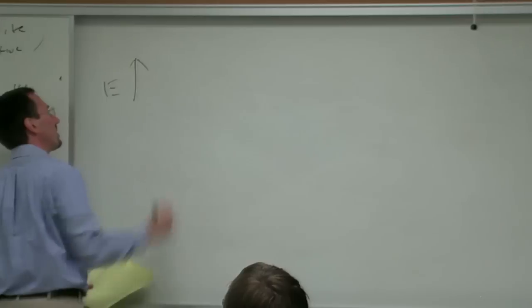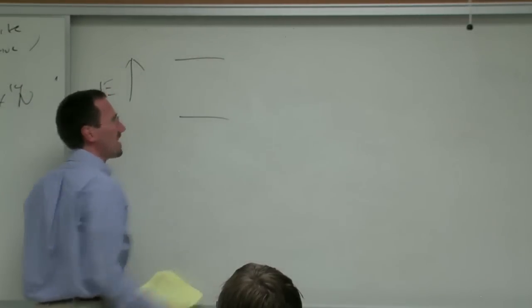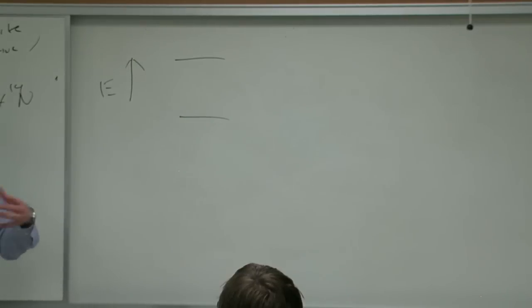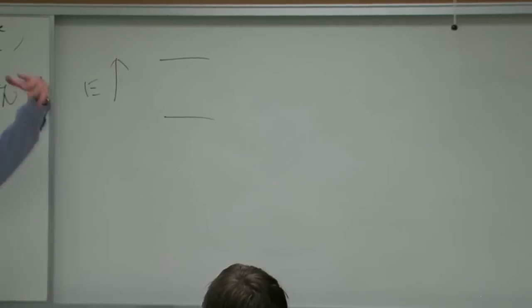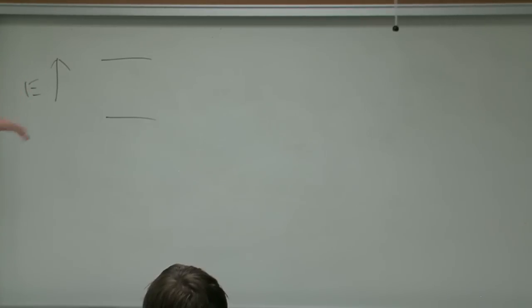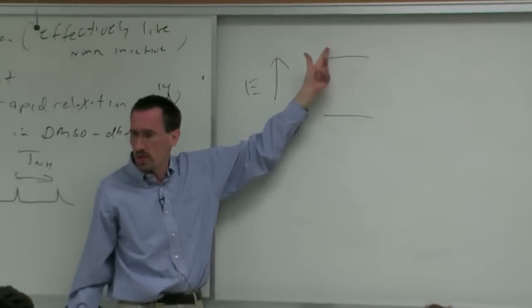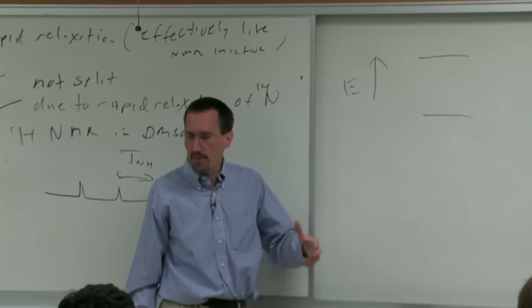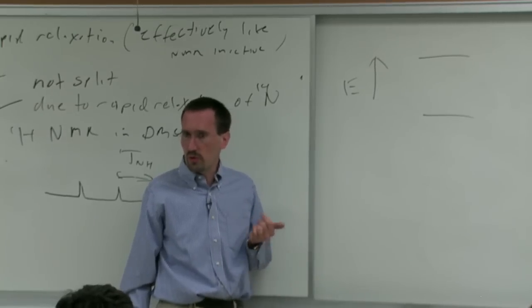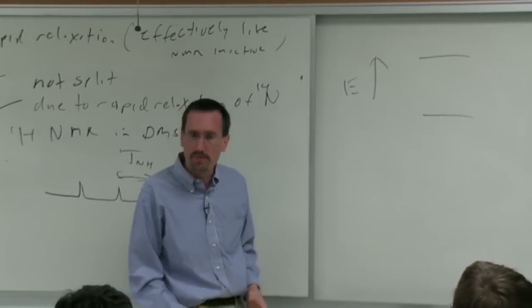So I can make a little diagram, E, and I can show, just like you learn in electronic structure, where you have pi orbitals and pi star orbitals, and you have populated electrons in your two orbitals. Here we can think about populations of nuclei. It's a little bit different in the sense we're talking over the entire sample.